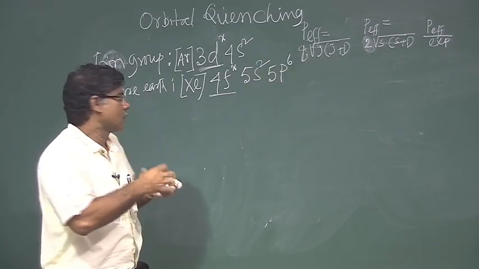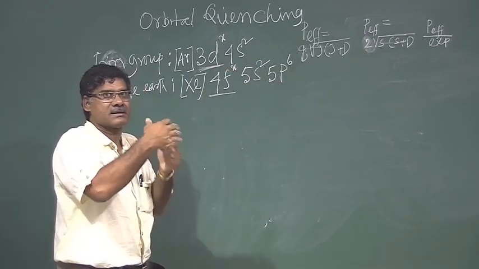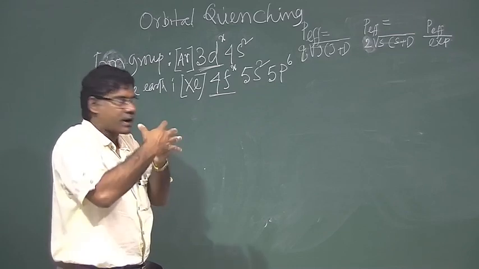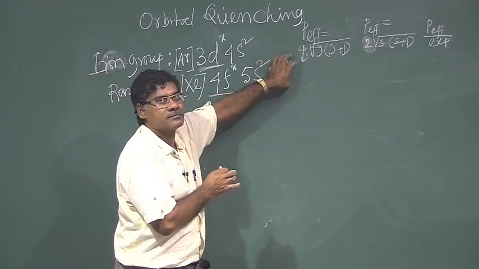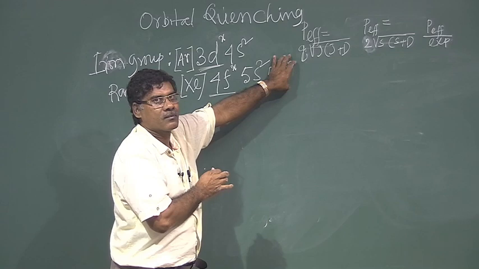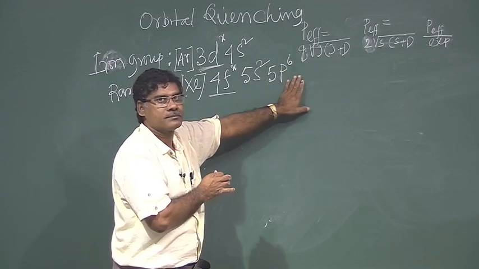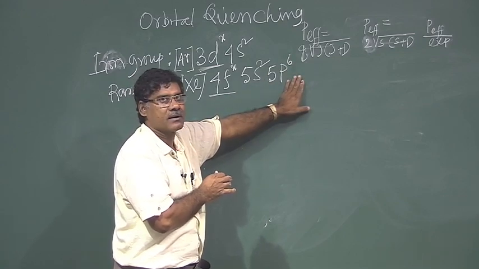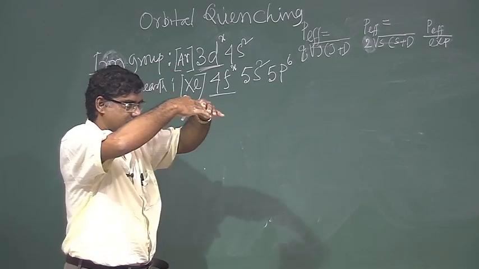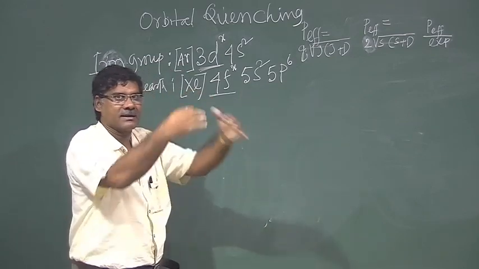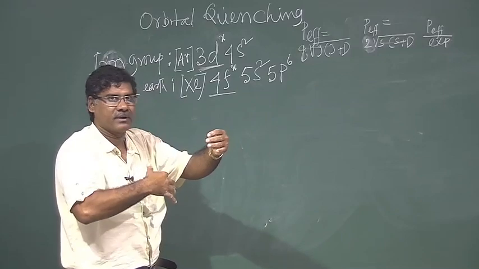So, this shell is protected by the 5p shell, right. So, the 5p shell electrons are there, and inside it the 4f.